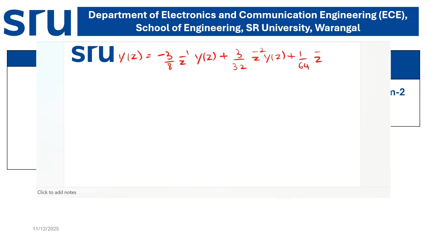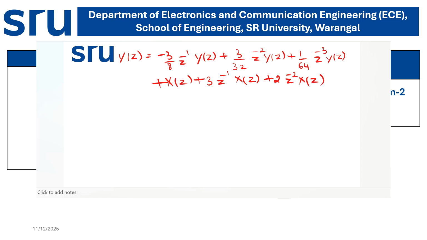All these coefficients are constants. Whenever we apply the Z transformation on a constant, it does not change; the constant remains constant throughout the problem. Then plus x of z, plus 3 into z power minus 1 into x of z, plus 2 into z power minus 2 into x of z.